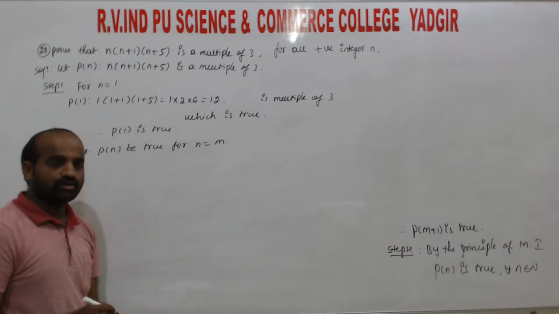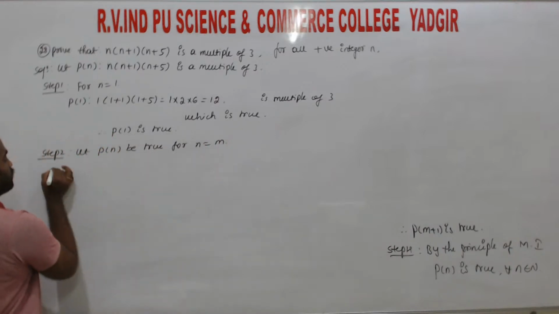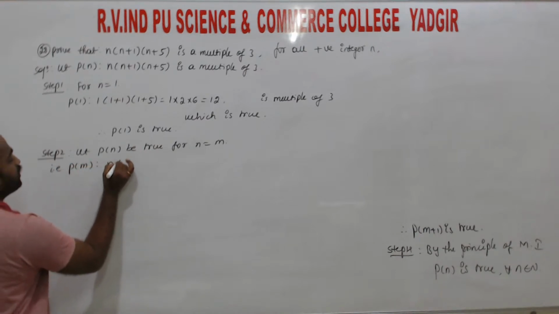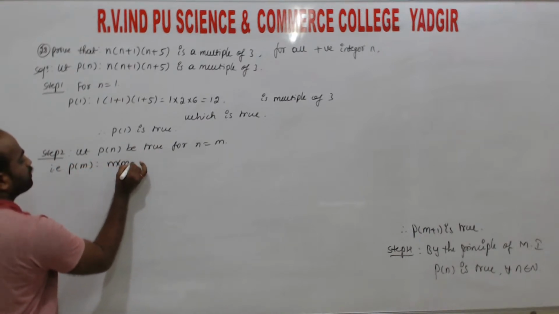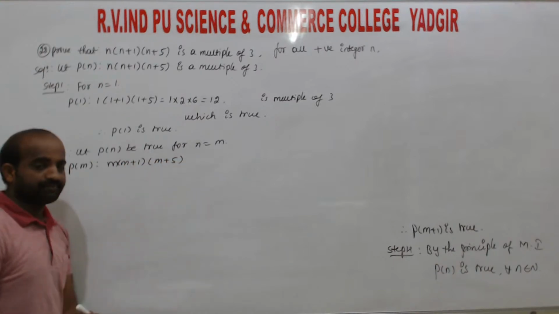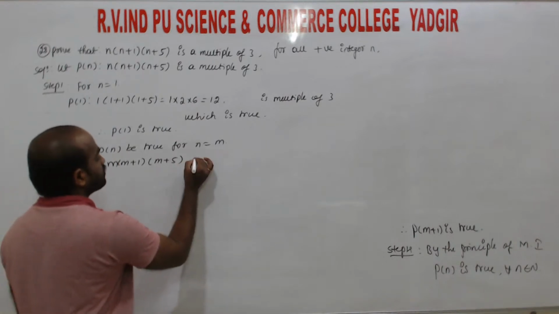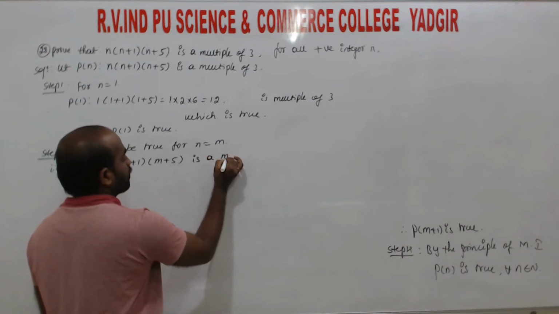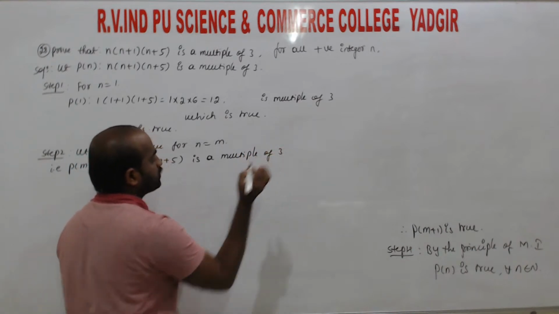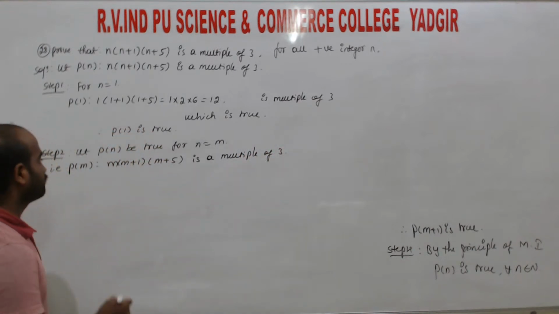That is, P of m: m into m plus 1 into m plus 5 is a multiple of 3.